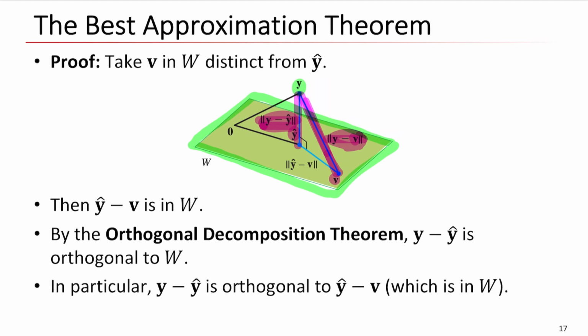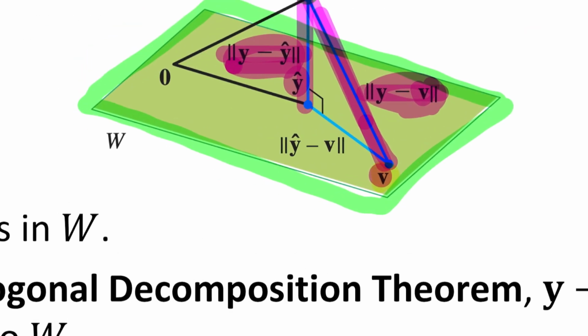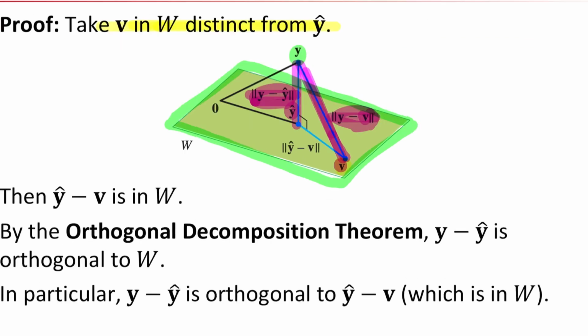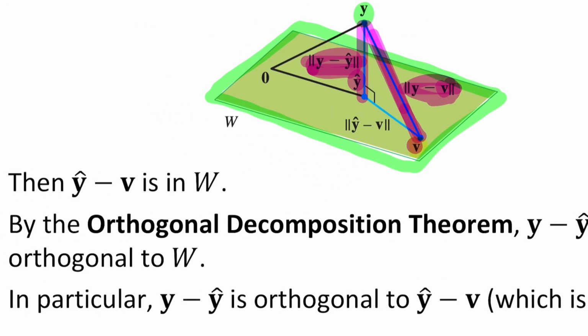Okay, let me prove this one. Let's take another vector V in W distinct from the Y hat, right? Then Y hat minus V is in W space, right?